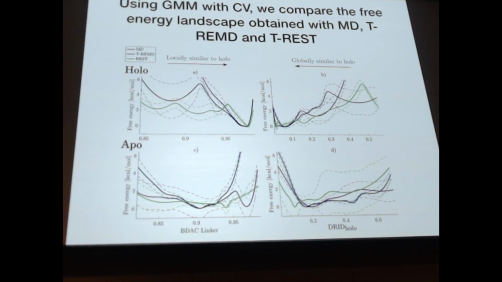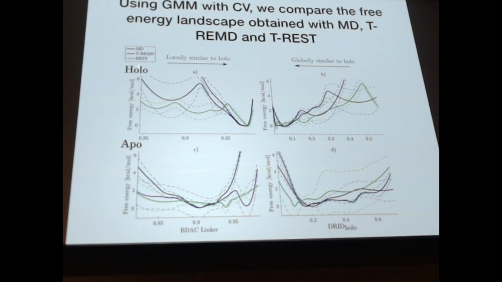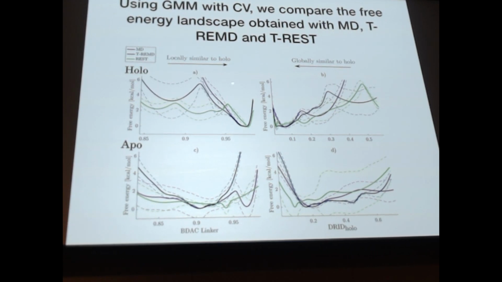And these are the resulting free energy profiles, using the robust free energy estimator I mentioned, the Gaussian mixture model with cross-validation. The comparison is between MD in purple, temperature-based replica exchange MD in blue, and solute tempering in green.